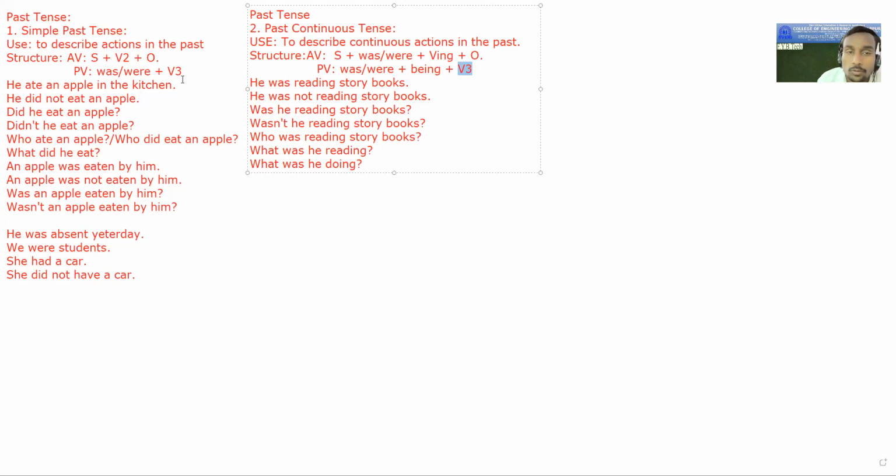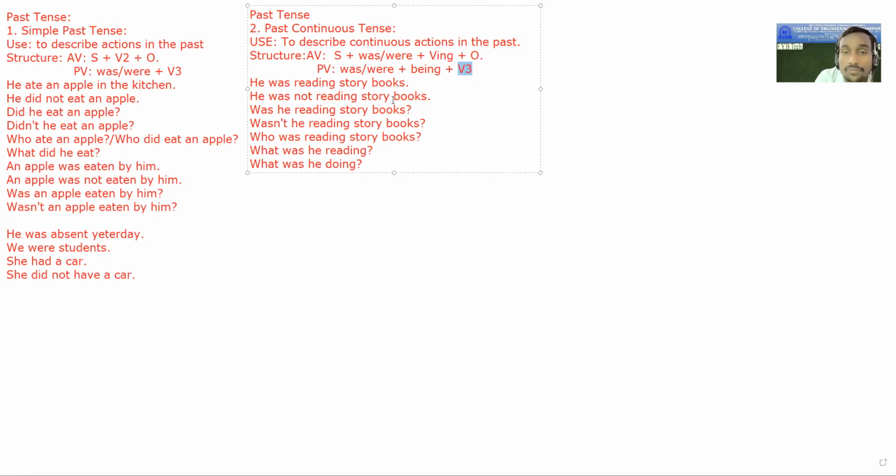And I have told you, in one reading you are not going to understand, you have to refer to it daily. As I told you, early in the morning look at all these structures and examples once. Again, when you have time, look at these structures, and again in the evening also, so that you understand immediately.